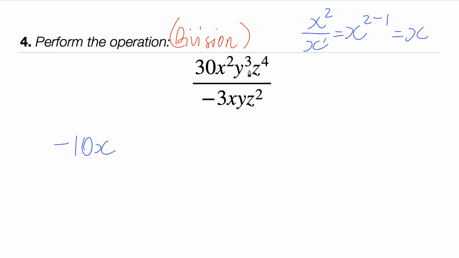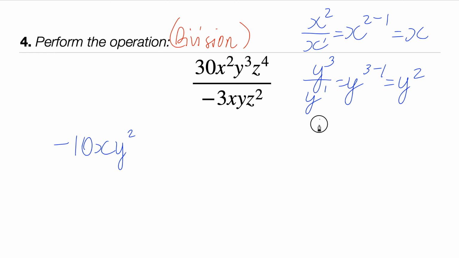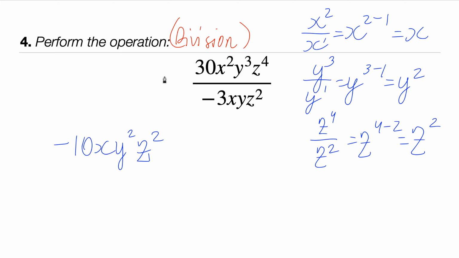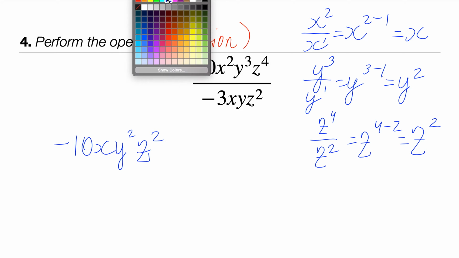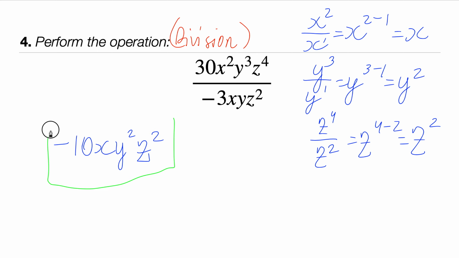Then y cubed over y, y raised to 3 minus 1, so this is going to leave us with y squared. And then z raised to the power 4 over z squared, so we have z to the 4 minus 2, which is z squared. And this is our final answer, our solution for this number 4.